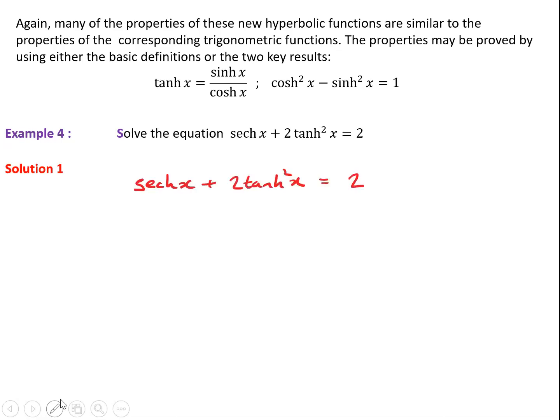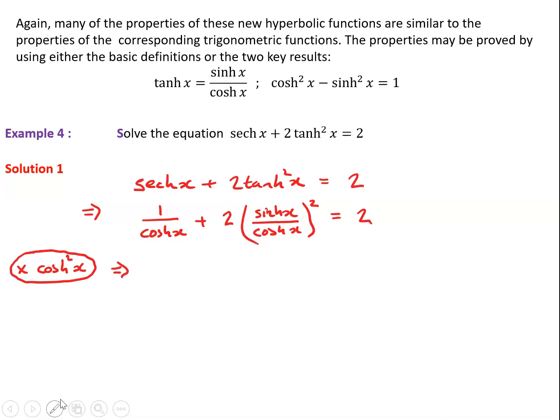Then our first solution, we're simply going to say that sech x is 1 over cosh x, and that tanh x is sinh x over cosh x. So if we multiply through by cosh squared x, we've got the equation cosh x plus 2 sinh squared x equals 2 cosh squared x.